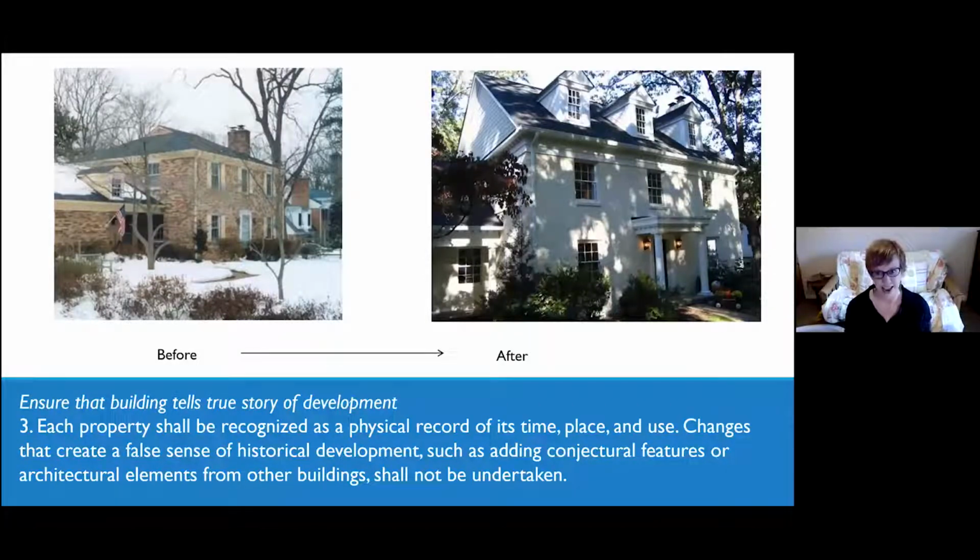But that's a fake historic or a false historic. This is not what the property looked like originally. So trying to give a property a historic appearance that it never had originally, even if attractive, does not meet the Secretary of the Interior standards, because properties should tell their true story of development.